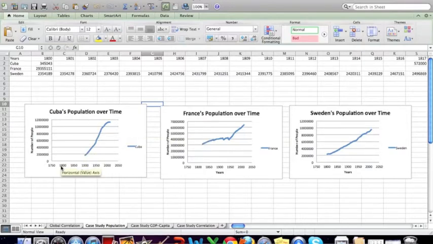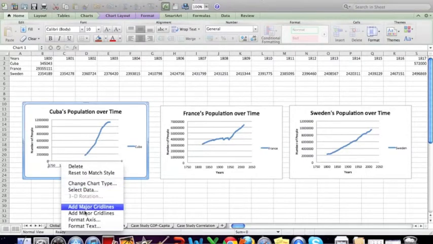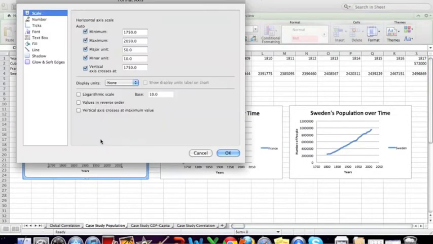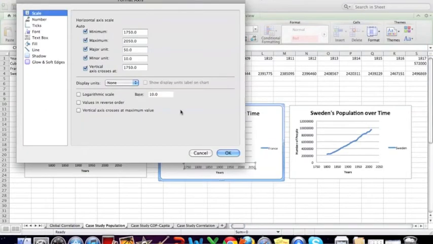So we want to make them the same. So we're going to start on the x-axis and right-click, format axis, and then we want to change that to 1800, which is when our data started for population. And even though Cuba's didn't start till 1900, I actually want to leave it at 1800 because the other two graphs did mostly have data starting in 1800.